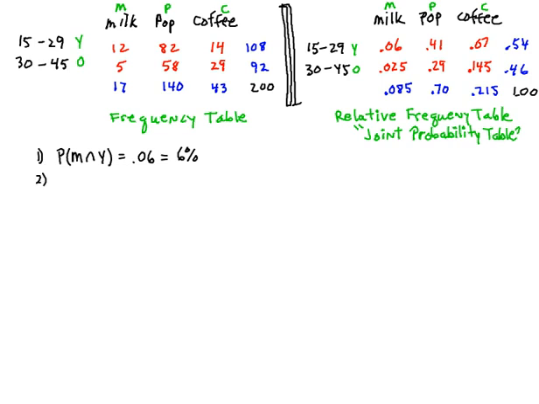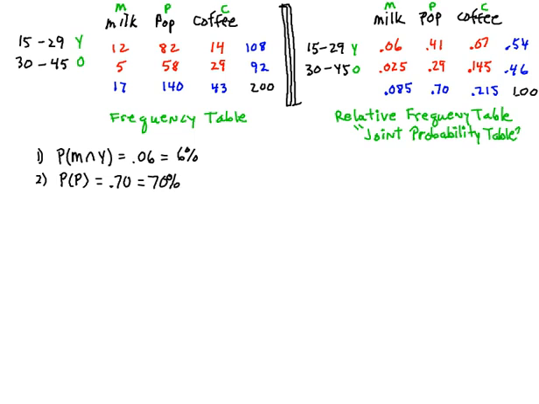Number 2, what is the probability that a person chosen out of the 200 will prefer pop? Well, there were 140 people out of 200 that preferred pop, but looking over the joint probability table, the probability that a person chosen out of the 200 will prefer pop is 70%, 0.70 or 70%.